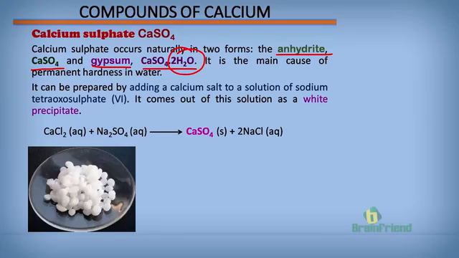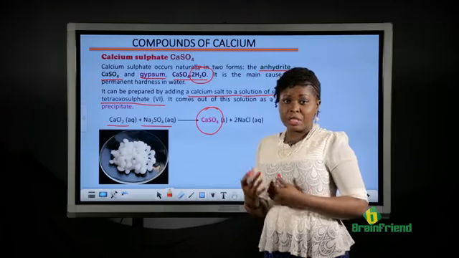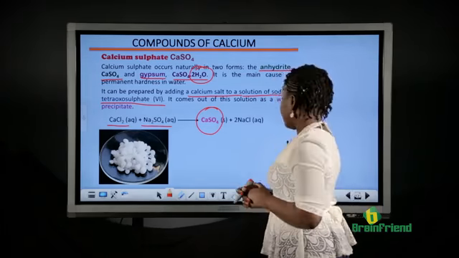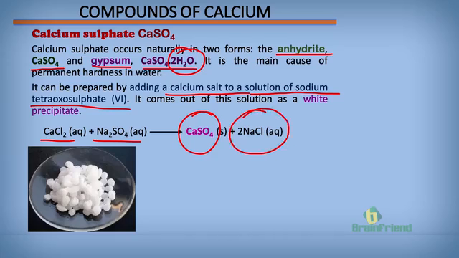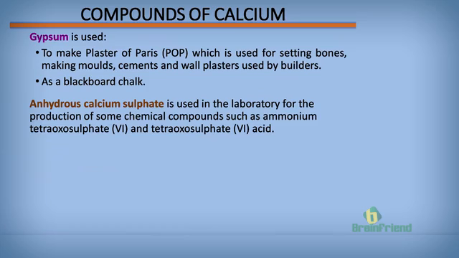Now, calcium sulfate can be prepared by adding a calcium salt to a solution of sodium sulfate. So it comes out of this solution as a white precipitate. So when we react calcium chloride and sodium sulfate, we'll be having calcium sulfate coming out as a precipitate in this reaction. And we also have sodium chloride as a byproduct.